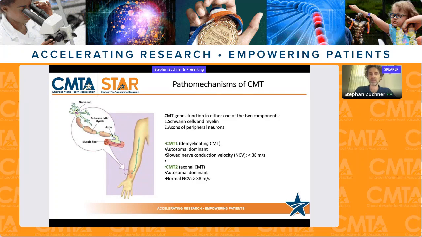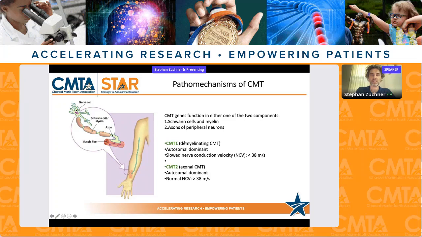Okay, so as you know and have seen many times, CMT is a disorder that affects the nerves that run in your legs and in your arms. It is important to realize that when you look at such a nerve, there are basically two kinds of CMT or peripheral neuropathy.